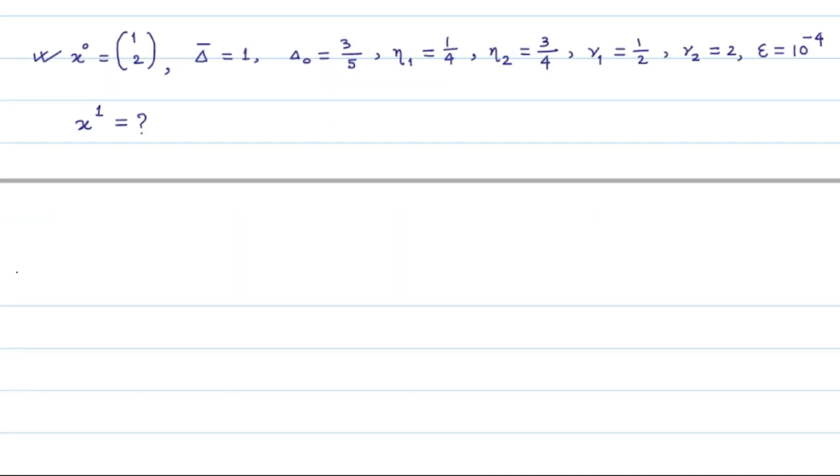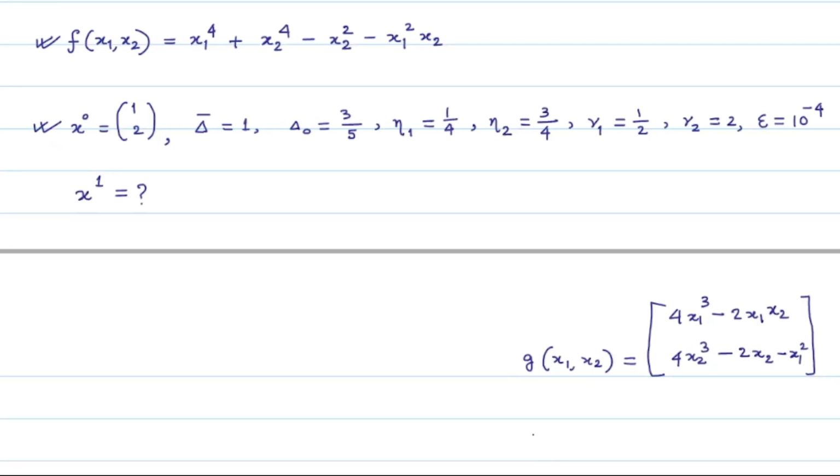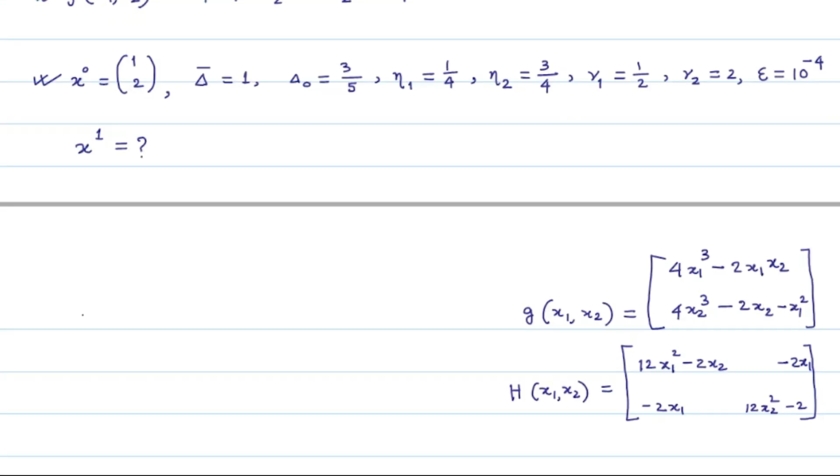At first we check whether the point x0 is a stationary point or non-stationary. To check it, we need to calculate the gradient, and the Hessian matrix of the objective function is therefore the gradient value at the point x0 is given by, whose norm is equal to 27, greater than epsilon, and therefore x0 will be considered as a non-stationary point.